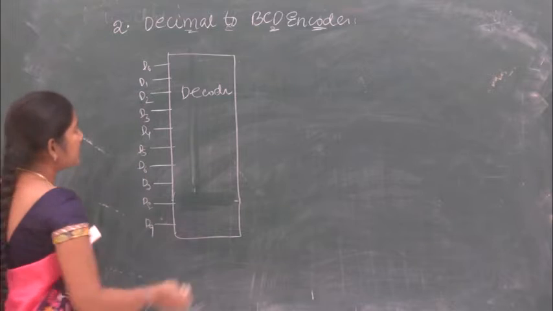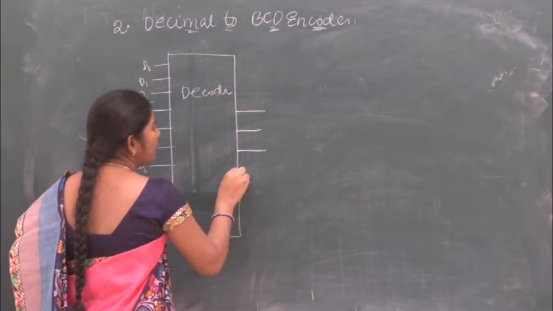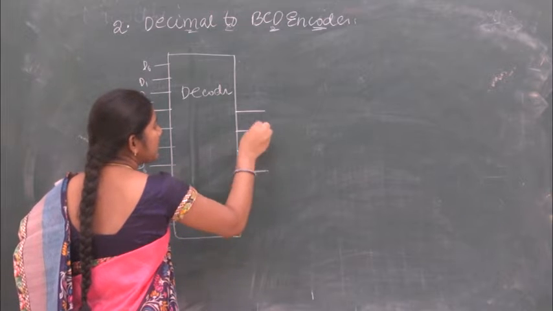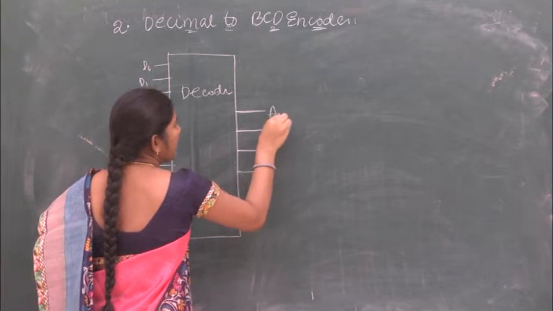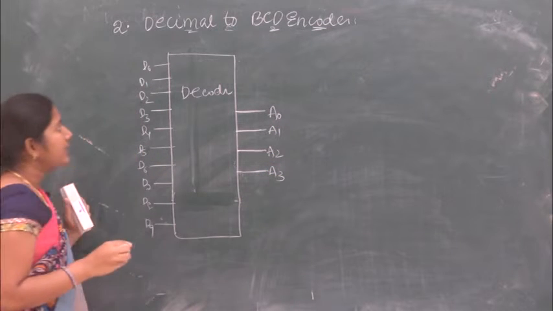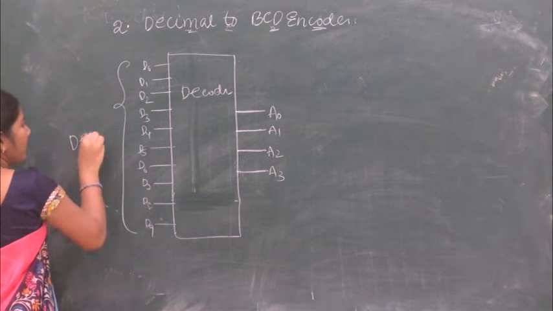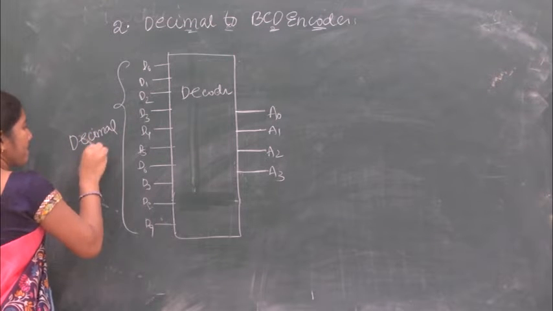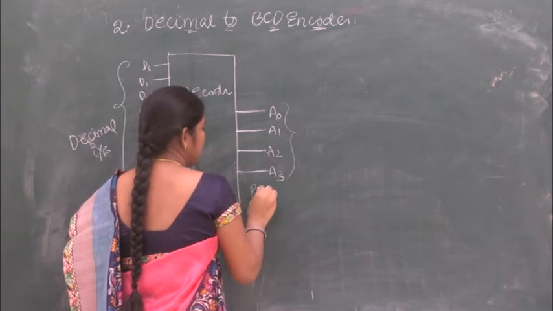These decimal numbers we need to encode in BCD form. For the BCD, only 4 bits are enough to represent the BCD numbers. So I will consider A0, A1, A2, A3 as the BCD outputs. So these are decimal inputs and these are BCD outputs.